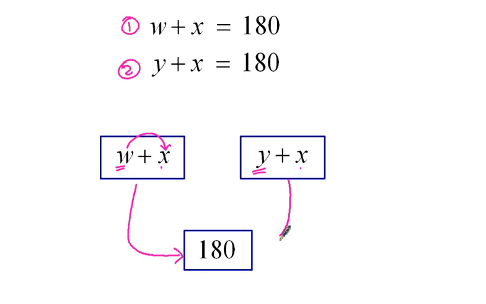Yan gets on the scale with his backpack, also weighs 180 pounds. Isn't it true that these two guys have to have the same weight? Well, obviously they do, because they're both weighing 180 pounds. All right? So in general, we can say that if two things are equal to the same thing, then they've got to be equal to each other.